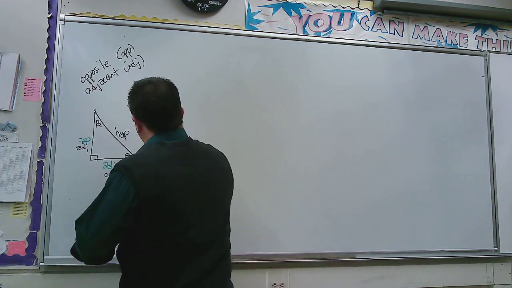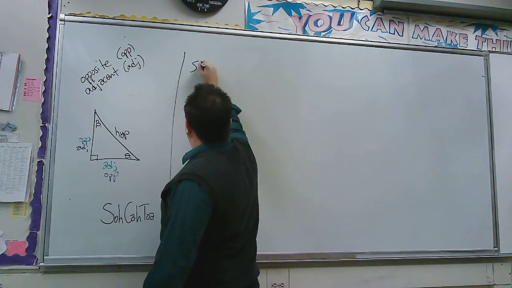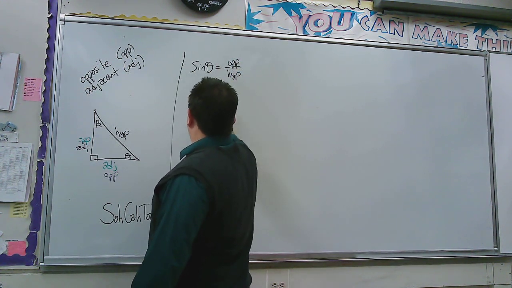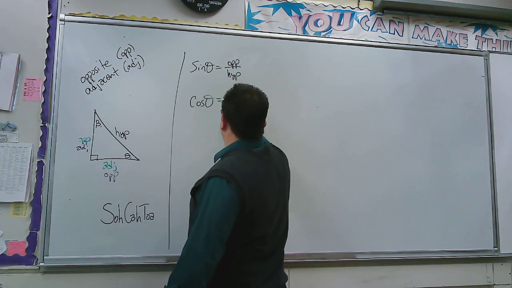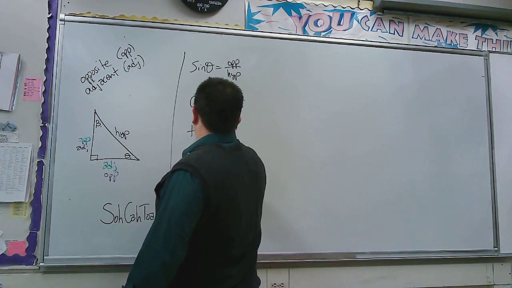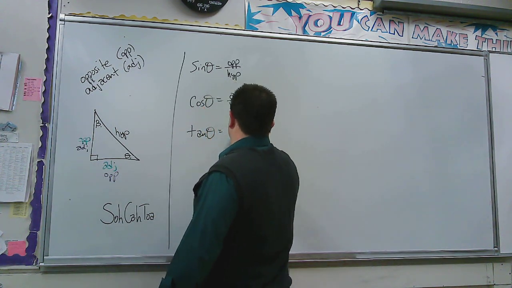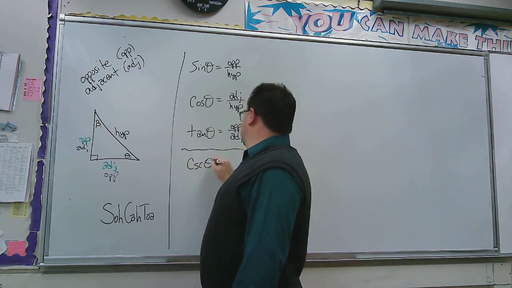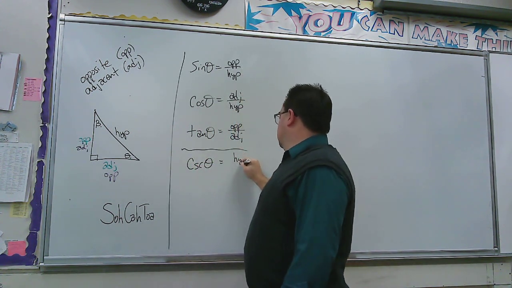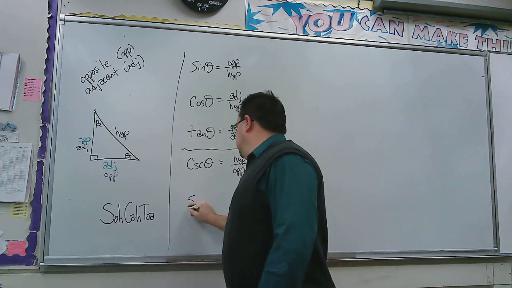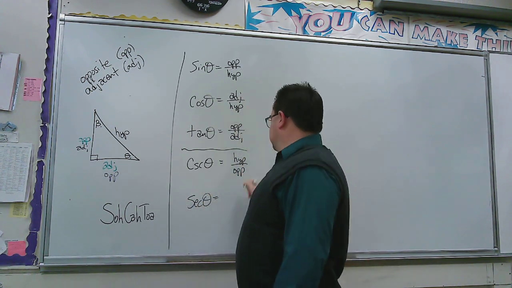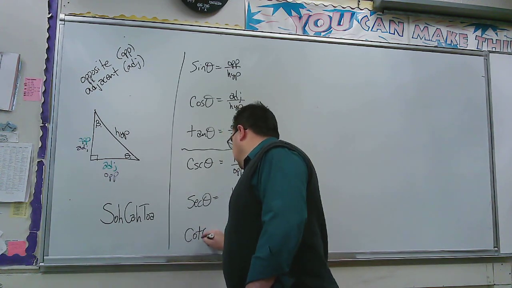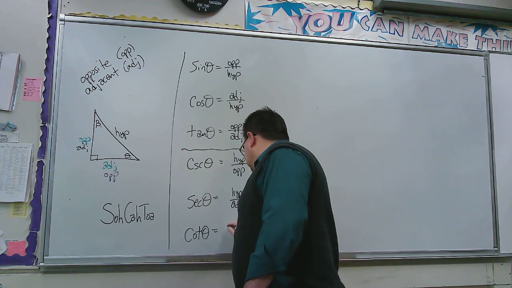All right, so if I just list all 6 of these, we had sine opposite over hypotenuse, cosine is adjacent over hypotenuse, tangent opposite over adjacent, and here come the reciprocals. Cosecant, flip that over, secant, flip this over, and the obvious one, cotangent, flip this over.